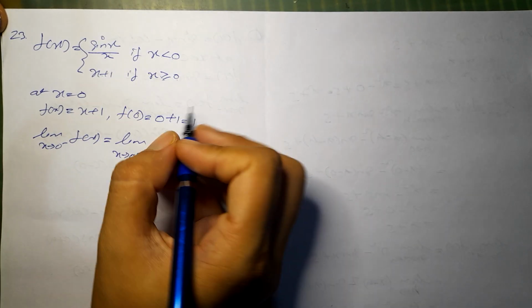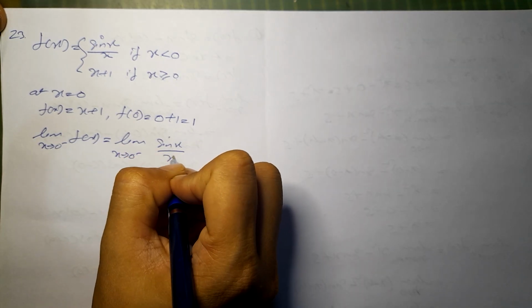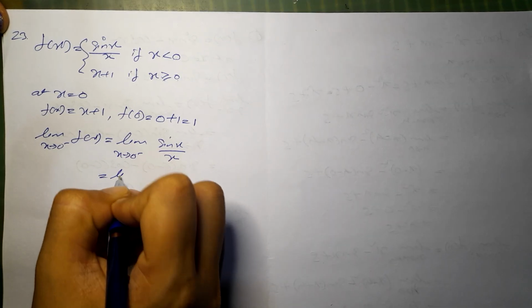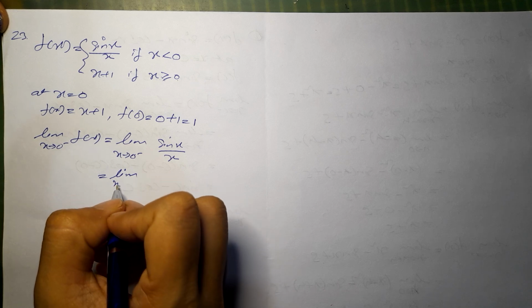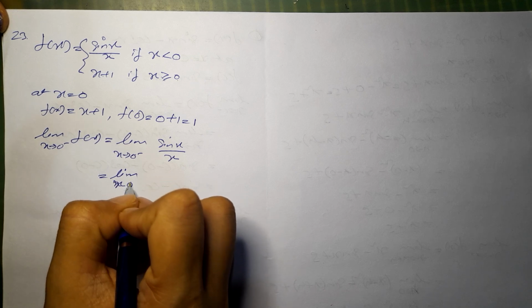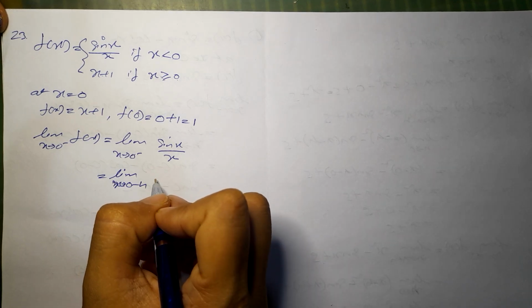So this will be the function sin x divided by x. Now x tends to the left hand side of 0, that is 0 minus h.